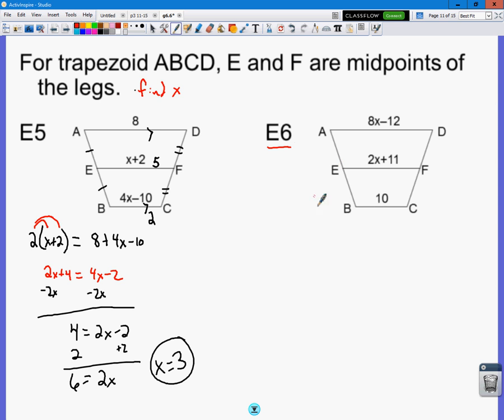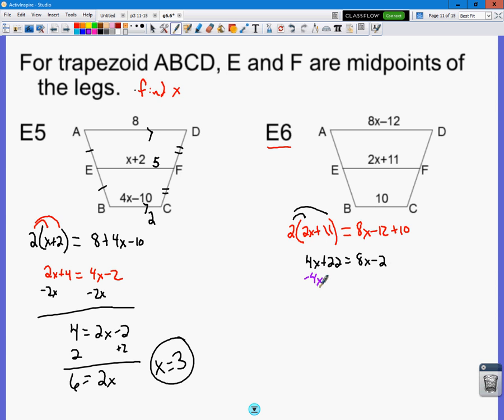Likewise, for example 6, I'm going to take 2 times 2x plus 11 and set it equal to the sum of the 2 bases. Distributing the 2, 4x plus 22 equals 8x minus 2.